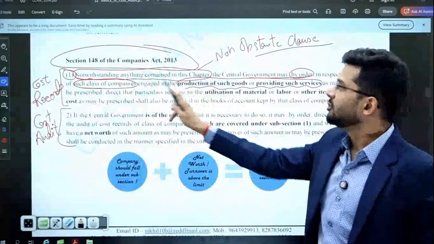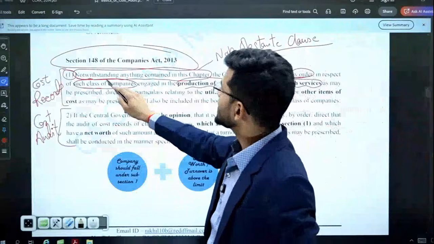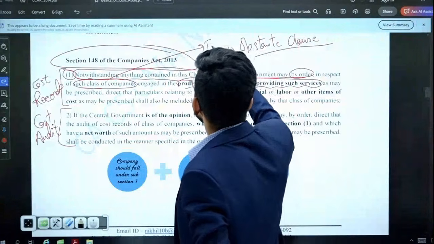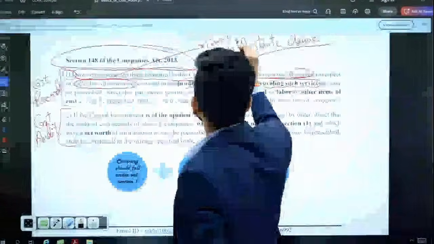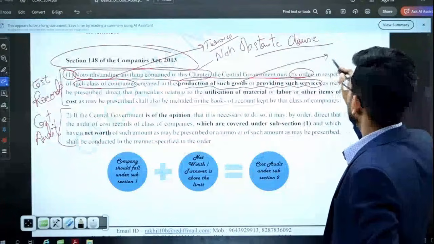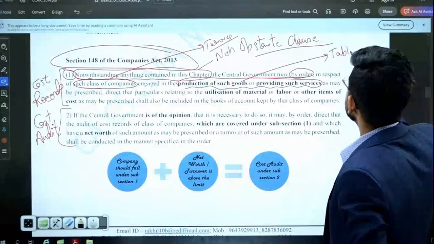So two conditions are to be cumulatively satisfied. Number 1, you should belong to such class of companies; such class of companies means the turnover criteria is required to be met. Plus, you should prepare specified goods and services.